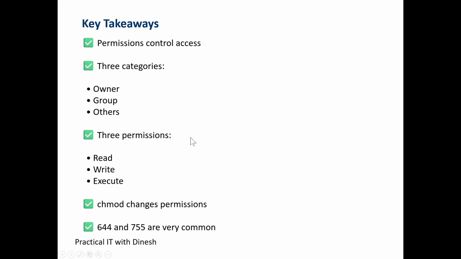There are three types of permission for each user type, that is read, write, and execute. We can use chmod to change permissions of files and directories. 644 and 755 are very common examples of permissions.